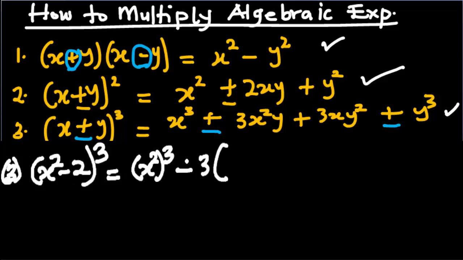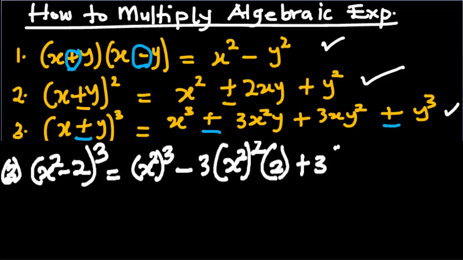3 into bracket x squared all squared multiplied by 2, plus 3 into bracket x squared.